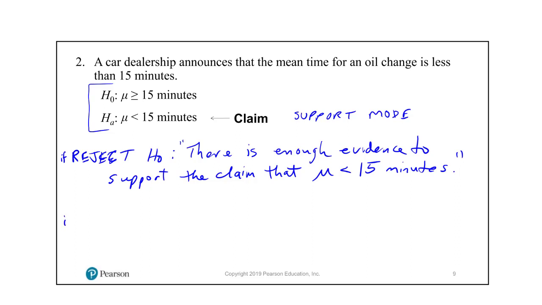On the other hand, if the decision was fail to reject the null hypothesis, and I'm in a support mode here, then that means I did not have enough evidence to get me from H0 to HA. And HA was my claim.